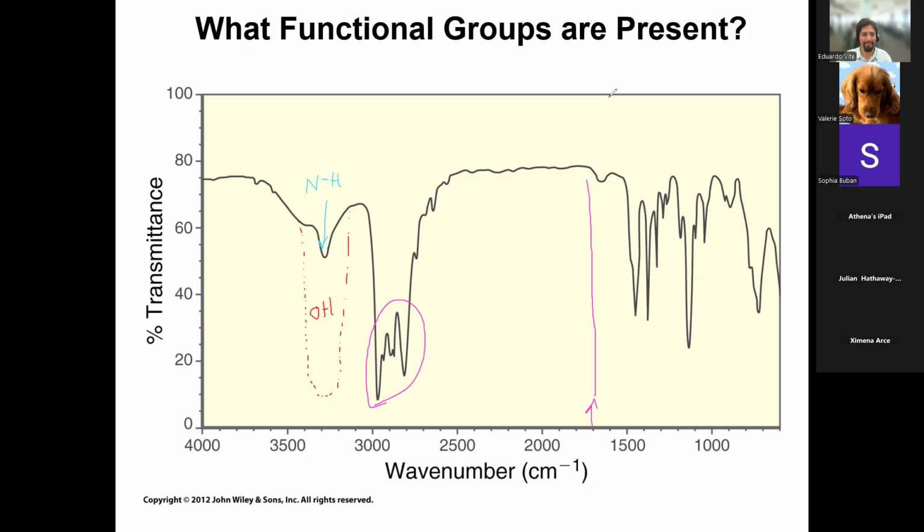Every compound has them. The CH. Perfect. These are your CH stretches right here. Hold on, I should be using pink. There you go. CH right here. This is always there. So sometimes it's useful, sometimes it's not. All we know is that there is an NH peak right here. Make sense?